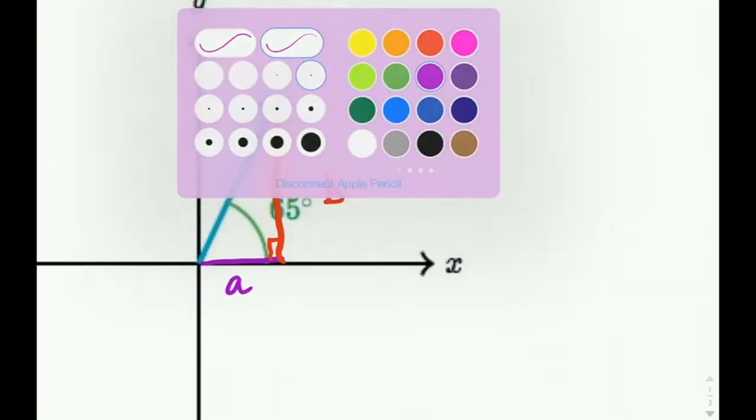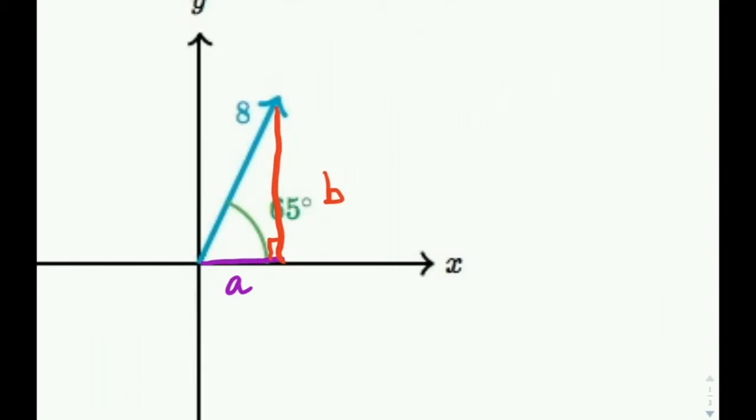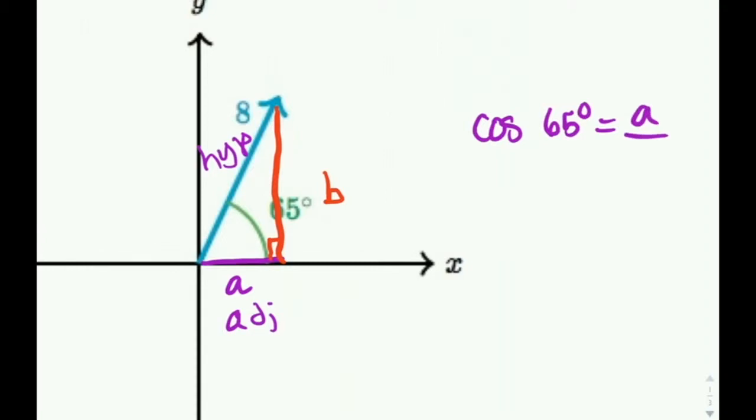And then if you think trig functions, if you want to find your horizontal component A, you could do adjacent over hypotenuse for your magnitude, and cosine of that 65-degree angle would equal A over 8. If you take cosine of 65 and multiply it times 8, you get approximately 3.381 for your horizontal component.